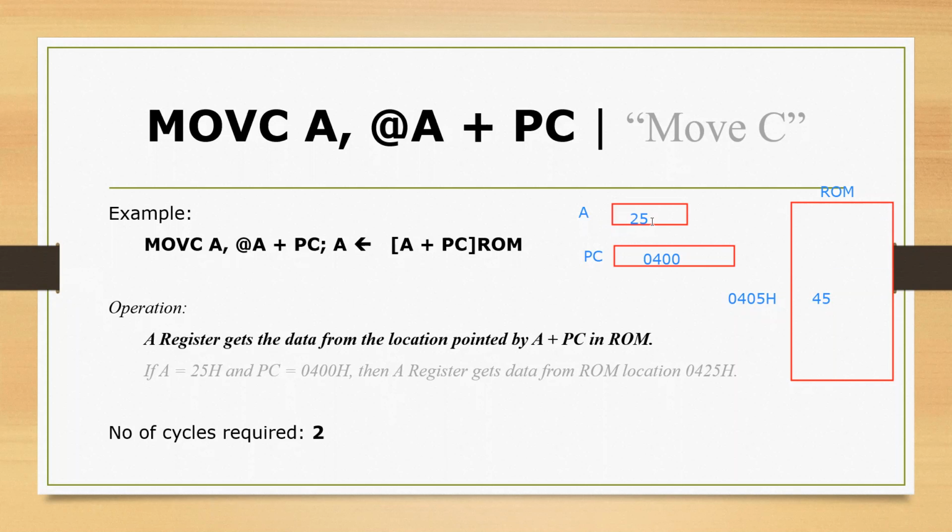If A contains the value 25 and PC has the value 400 hex, then the A register will get data from 0425 hex, which has some value, AC. So the value AC is copied to the A register.